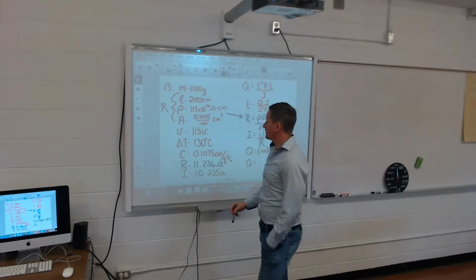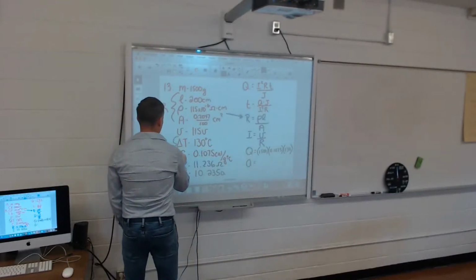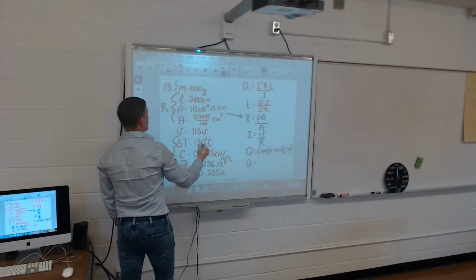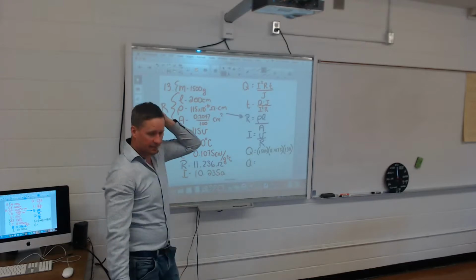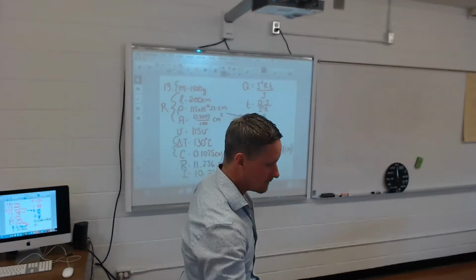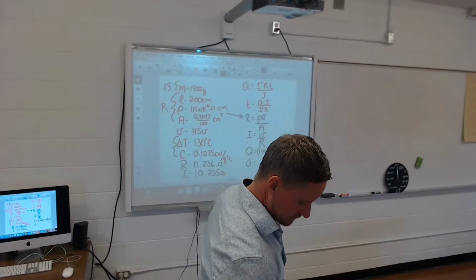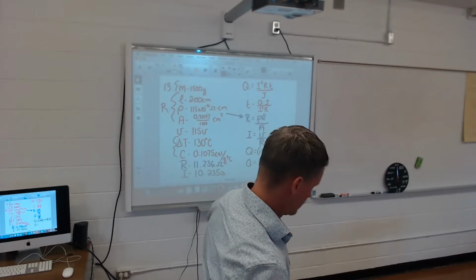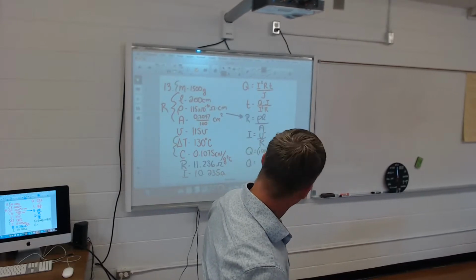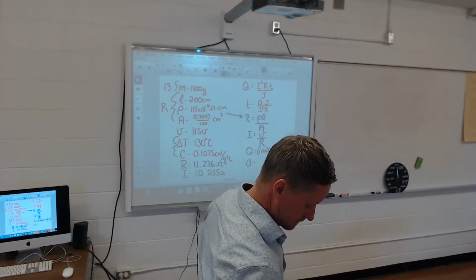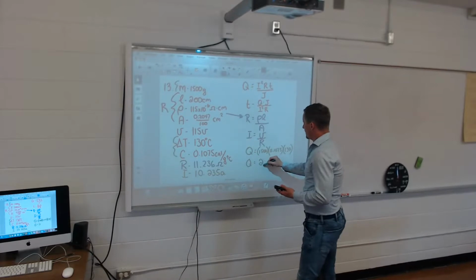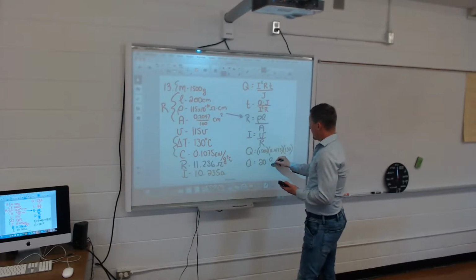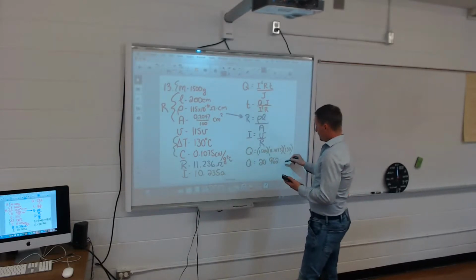I'm using M C delta T. So my heat is 20,962.5 calories.